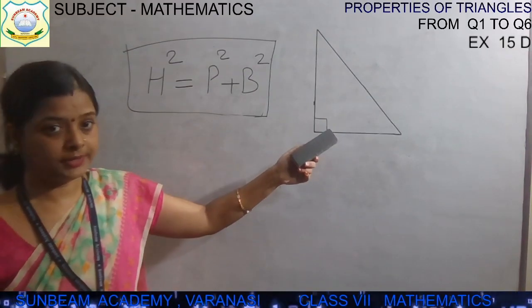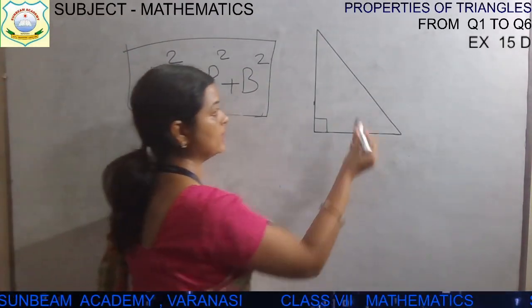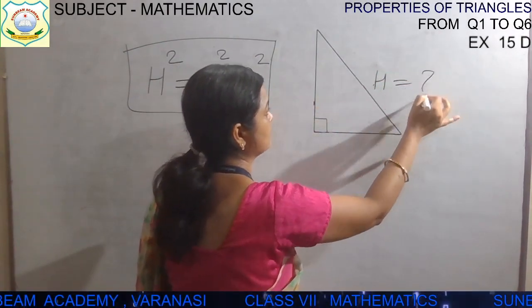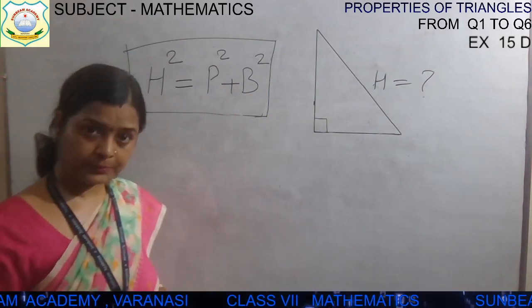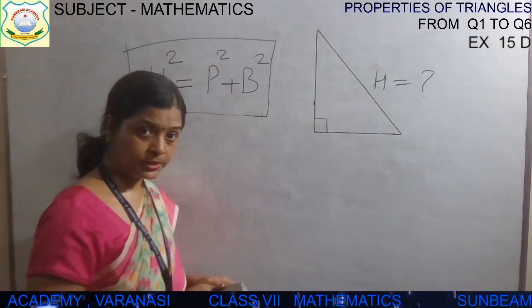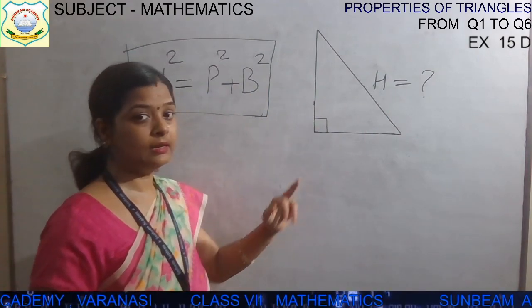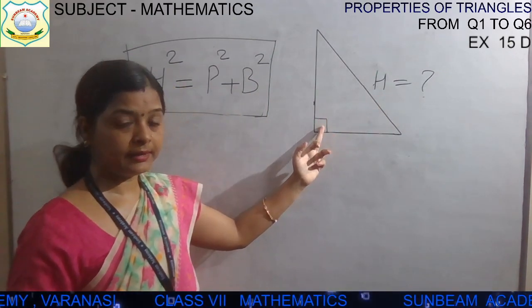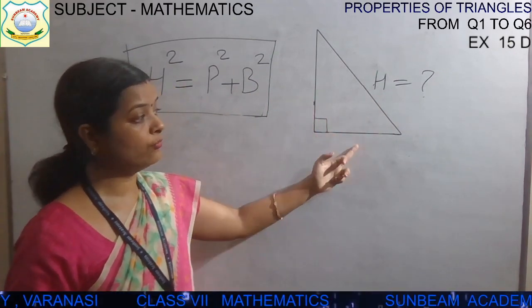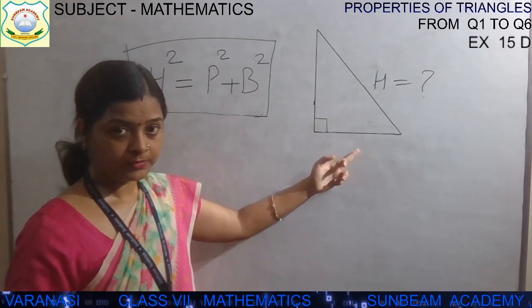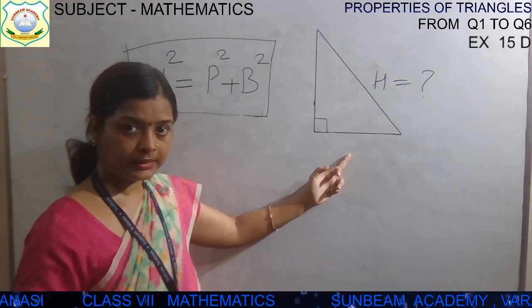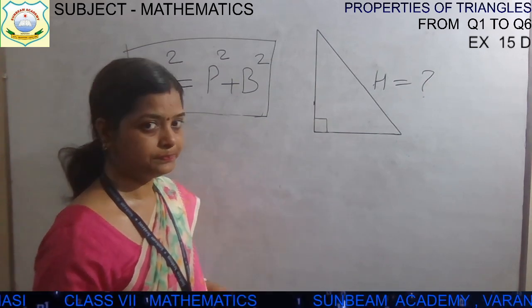So I have already drawn this. We have to find the hypotenuse side. Hypotenuse side is not given to us. We have to find the hypotenuse side in a right angle triangle where the length of the other two sides is given.